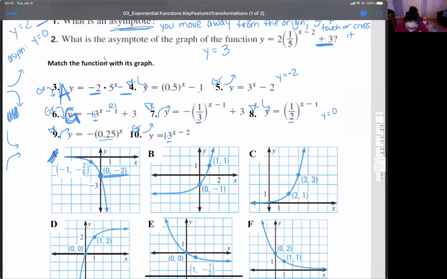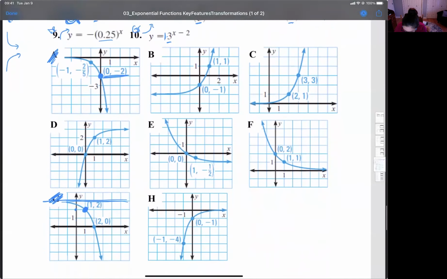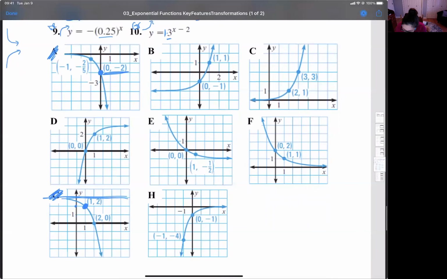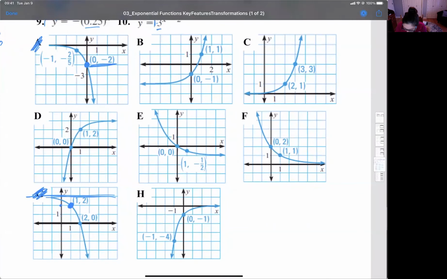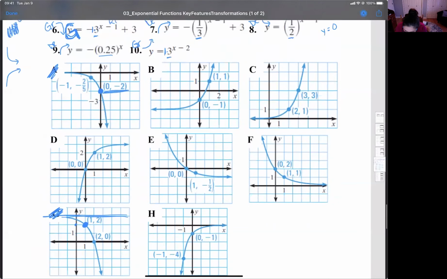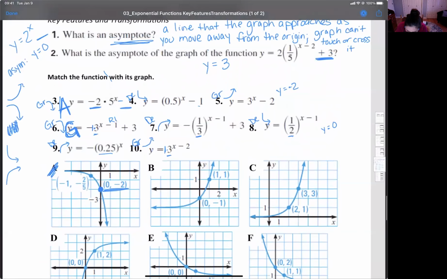If I take a look at number 4, I've got a decay function that should go the way I expect, a decay with a normal decay graph. That looks like E and F are going in that direction that I expect. So I want to look at where my asymptote is here. My asymptote's at -1.